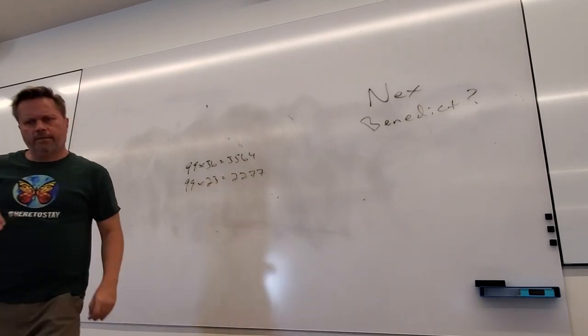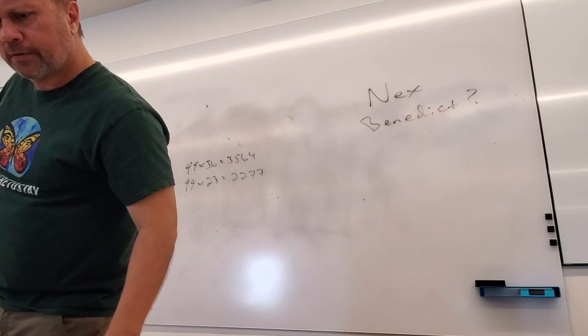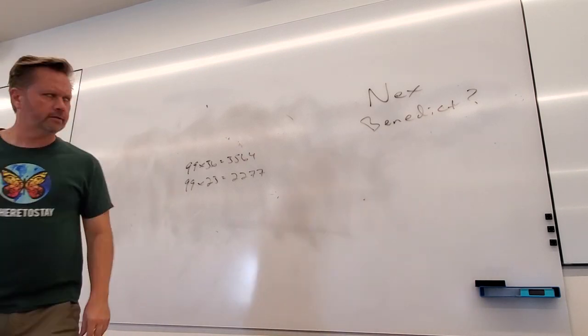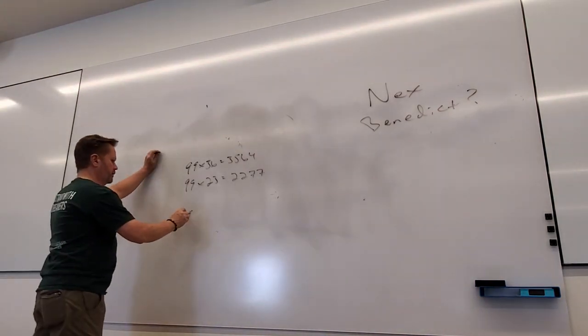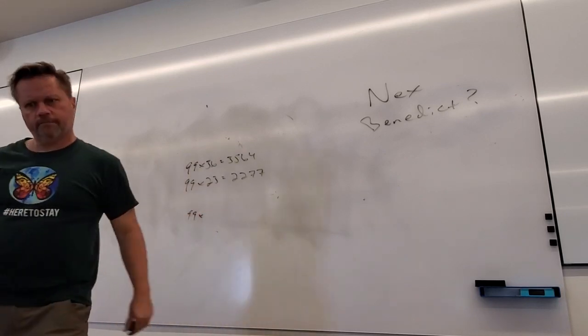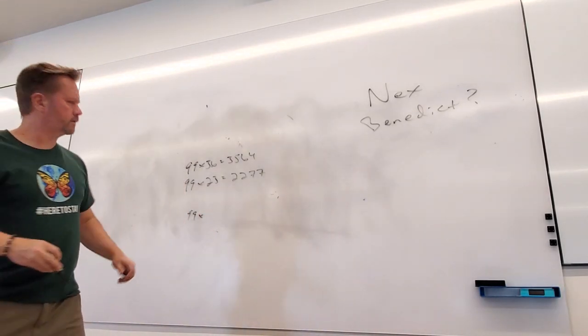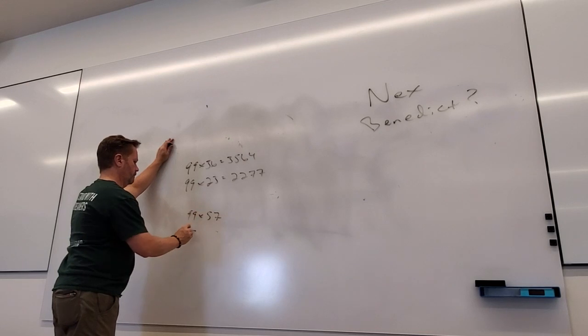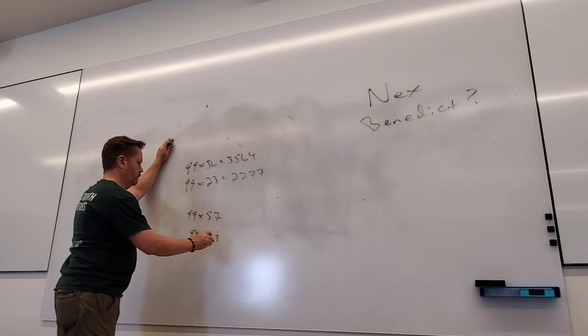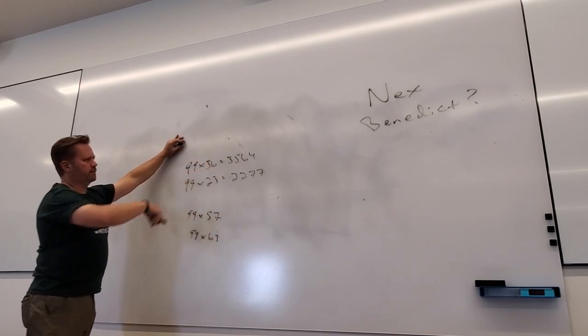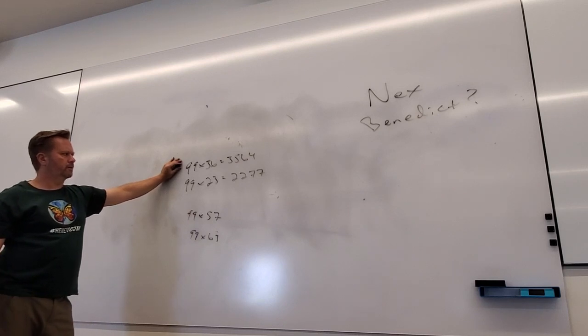And then it said to look for a pattern, then predict. So they wanted to predict 99 times 57 and then 63. Is this enough to go on to figure out a pattern?